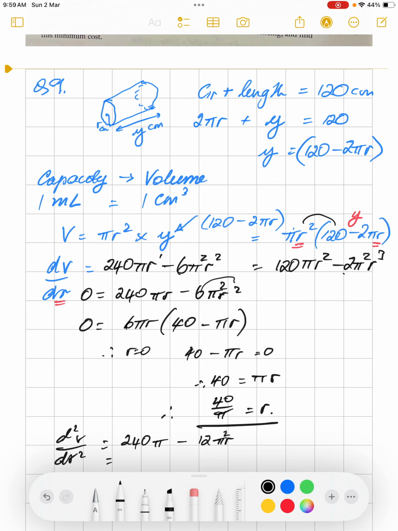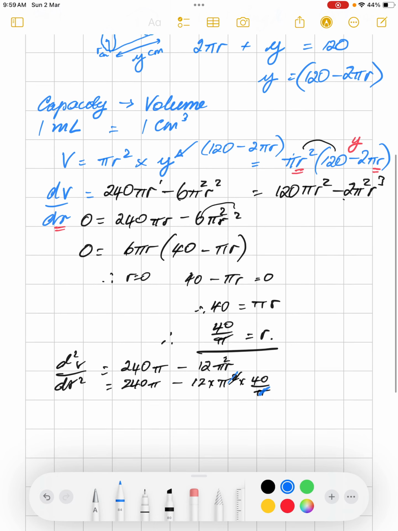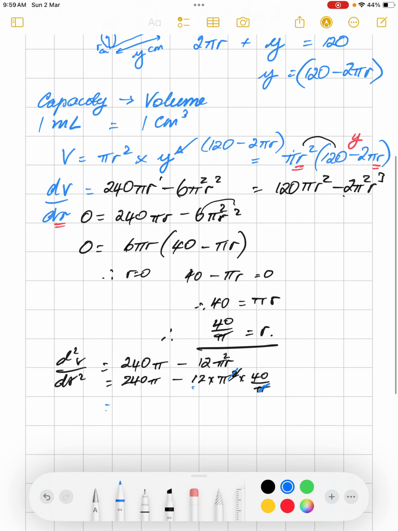By putting 12 times pi squared times 40 over pi, so one of those pi's cancel, and we've got 480 pi, so negative 240 pi, which is negative, so it's concave down, therefore it's a maximum at r equals 40 over pi centimeters.